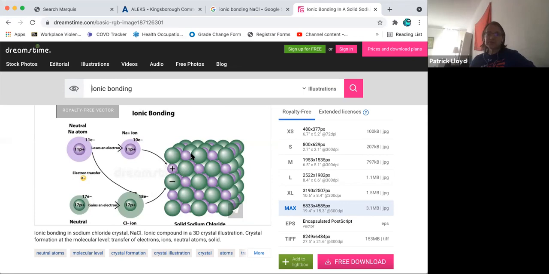Now, there is some repulsion. So these two sodium ions are pretty close to each other, the ones in purple here. So they're repelling each other, but the sodium ion is attracted to all these chloride ions. In fact, each ion, except the ones on the surface, has 6 opposite charges around it. So actually, if you think about it this way, it's analogous to what we were talking about with the d orbital.